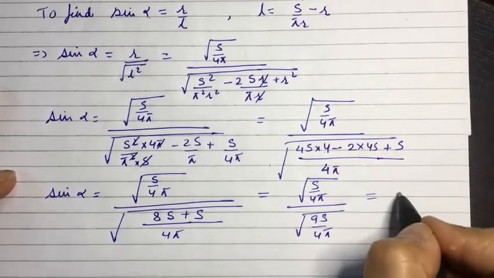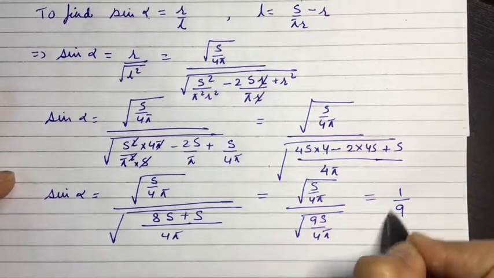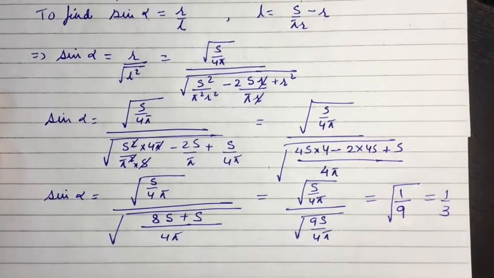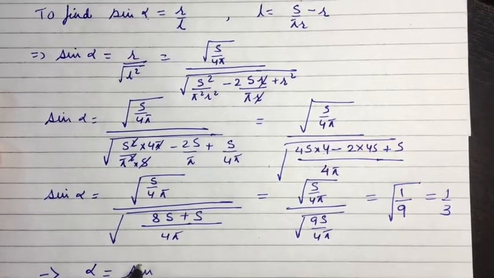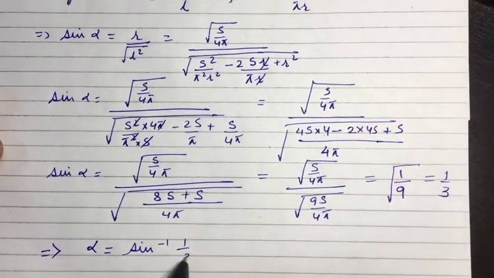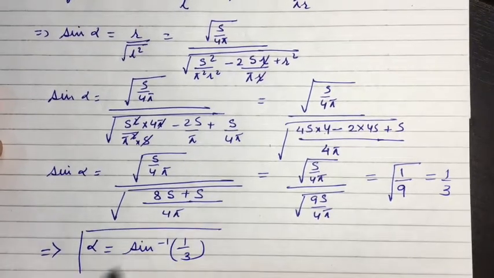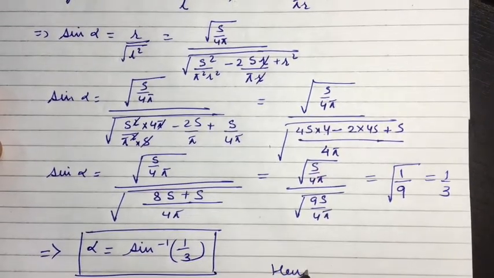This gives us 1 upon 9 whole under root, which is 1 upon 3, and this gives us alpha equal to sine inverse 1 upon 3, hence proved.